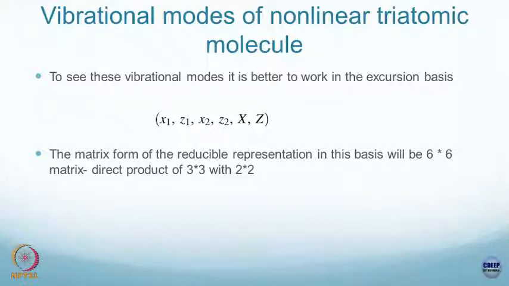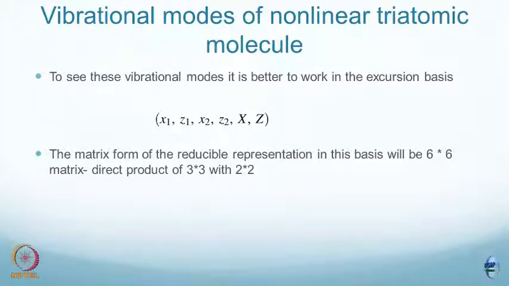If you are looking at some higher groups, this could also be a valid basis, right. But for me I am looking at, like regular representation, a nonlinear triatomic molecule which has 6 degrees of freedom.